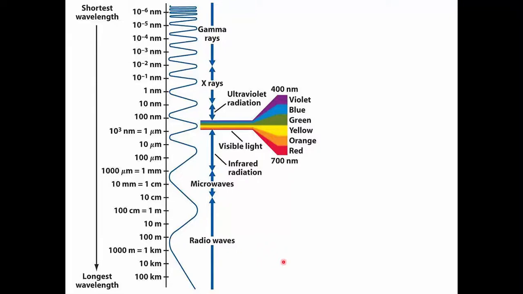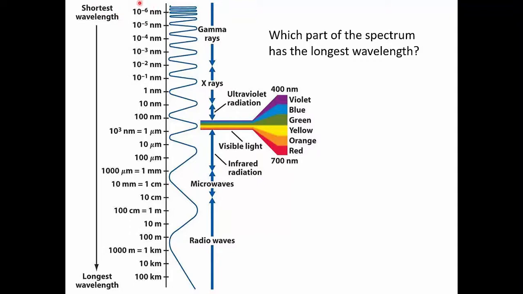Finer divisions still. Which part has the longest wavelength? Well, not up here. These are very short wavelengths. Anytime you've got a negative exponent on something, that's pretty short. Down here, longest wavelengths, 100 kilometers. That's more than 60 miles. So that's a long wavelength.